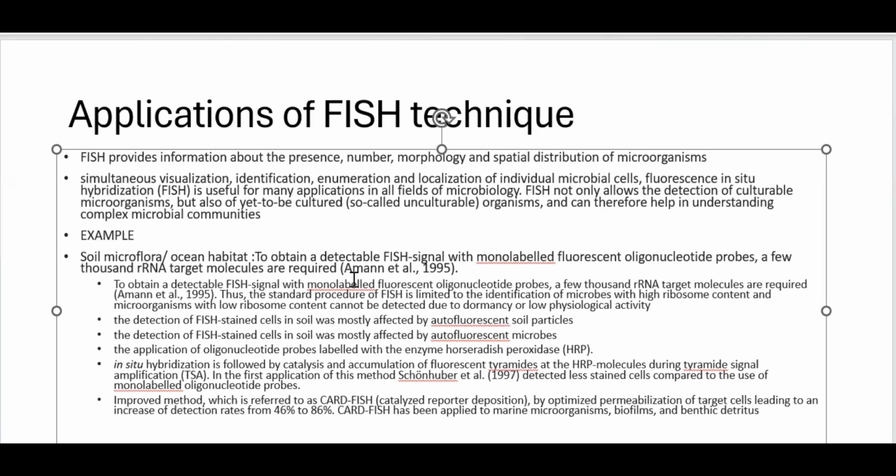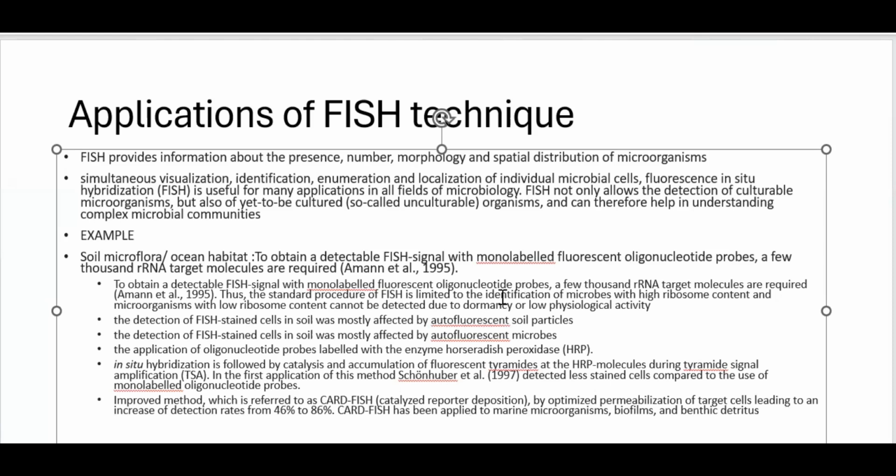So this is the complexity level when you are talking about a particular technique. You should have a detectable signal, right? When you are using a monolabeled oligonucleotide probe, a few thousand RNA target molecules are required to give you a good signal of your interest. There should not be any noise, right? So the standard procedure of FISH, if you perform it, will be limited to identification of microbes with high ribosome content only.